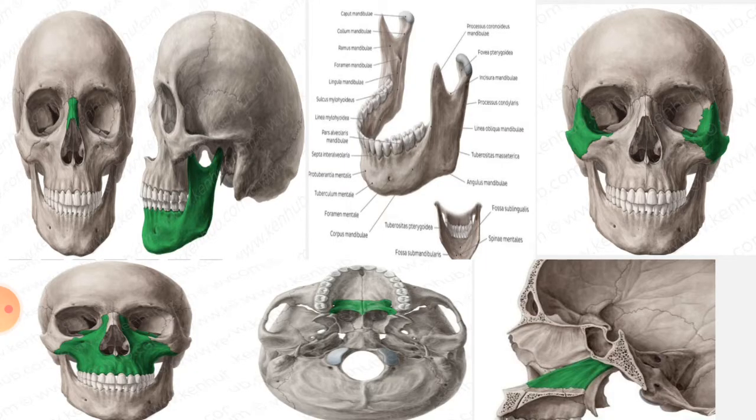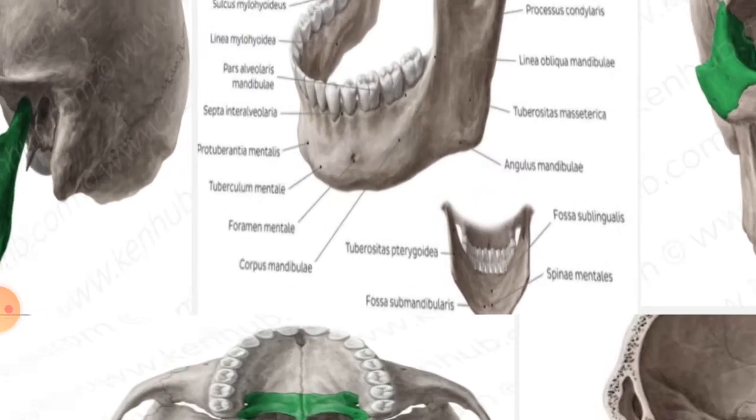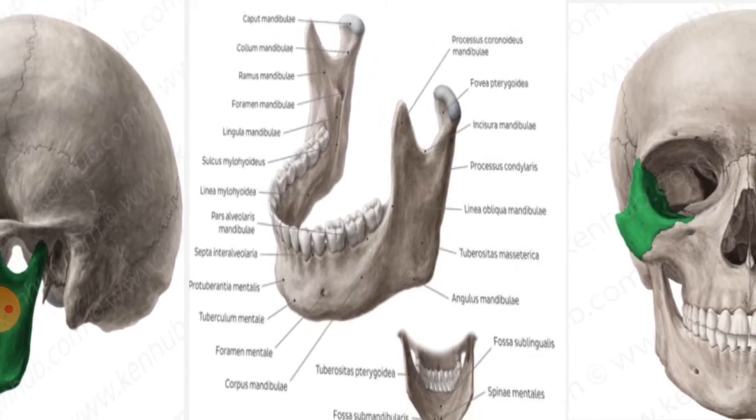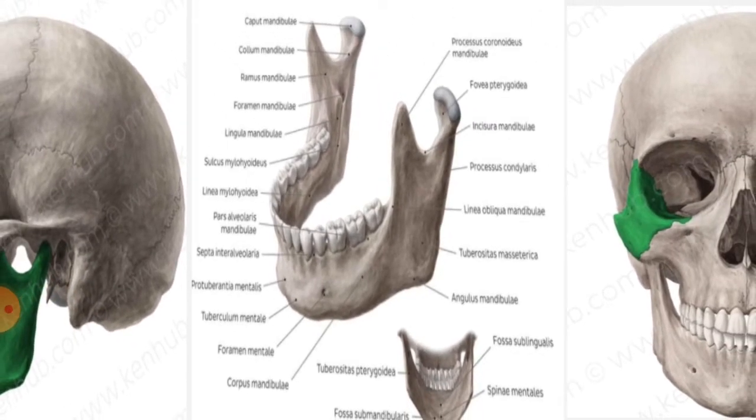Let's look at the mandible. These are the alveolar ridges from where you can see the teeth rising, and this part is called the body of the mandible.